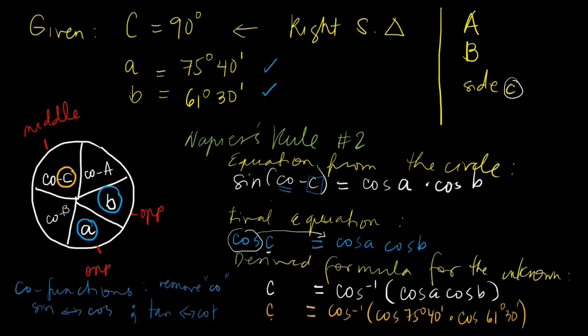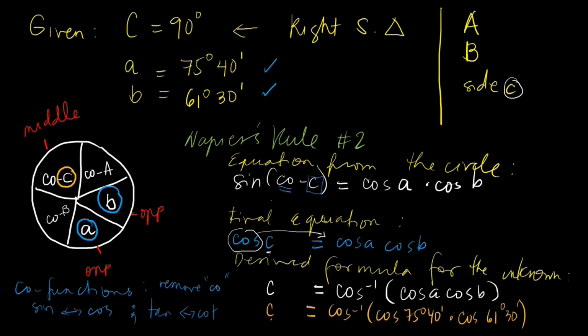So that is our cosine of 75. We do have here degrees and minutes, so you press the degree, minute, and second key. Input 40, then press the degree, minute, and second key again. Then you close the parenthesis.